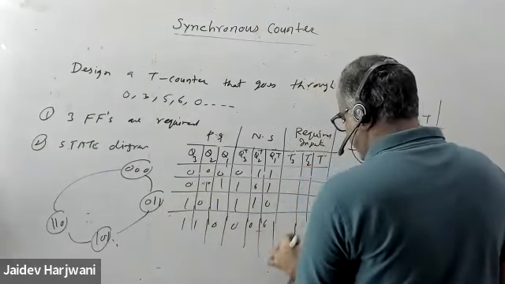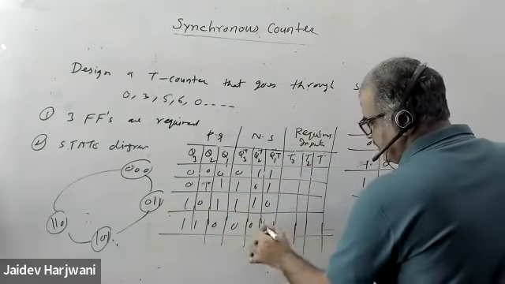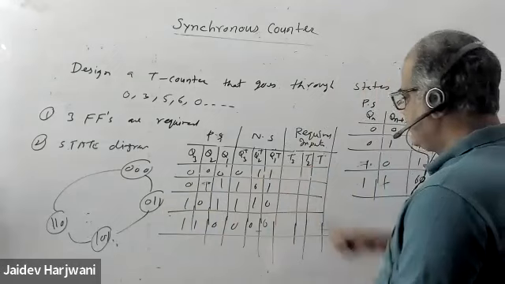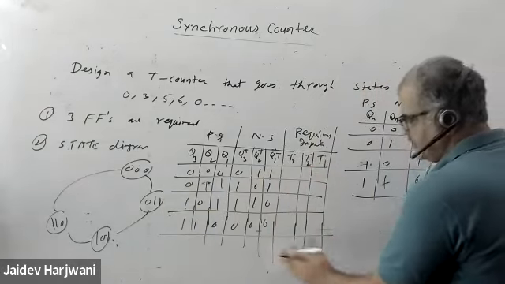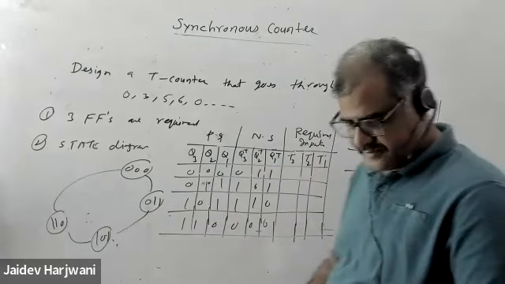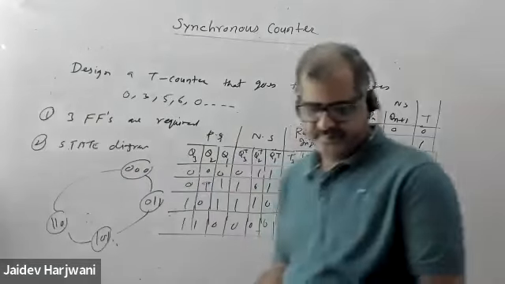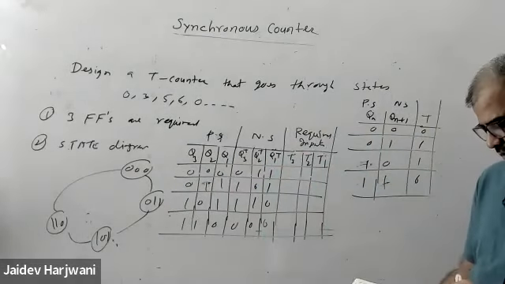So writing is very easy. Now put the T3, T2 and T1 values, solve them, and give me the circuit.